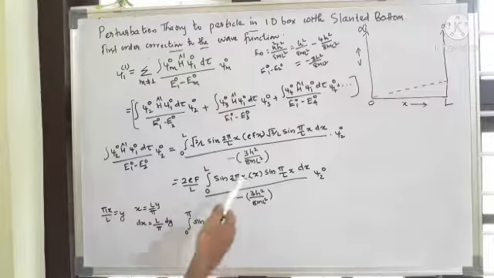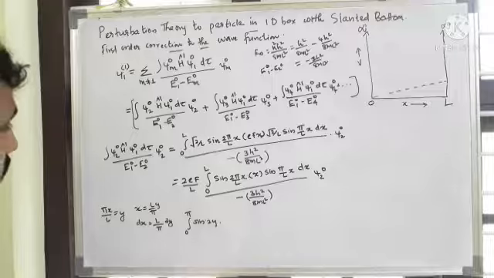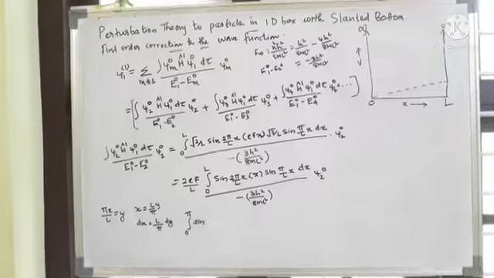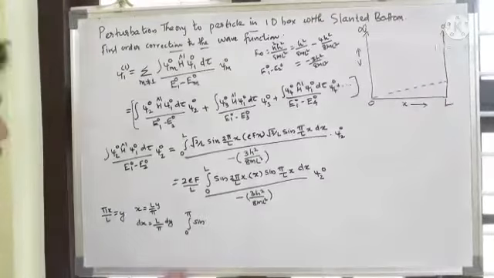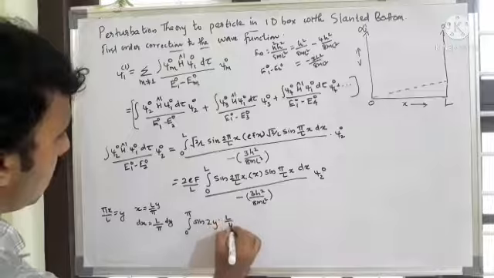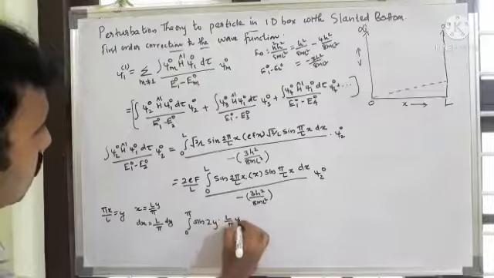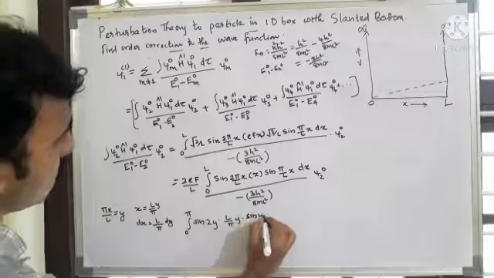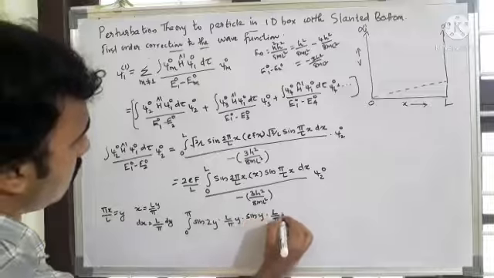In place of x we substitute L by pi y. So we get sin 2y into L by pi y into sin y into L by pi dy.